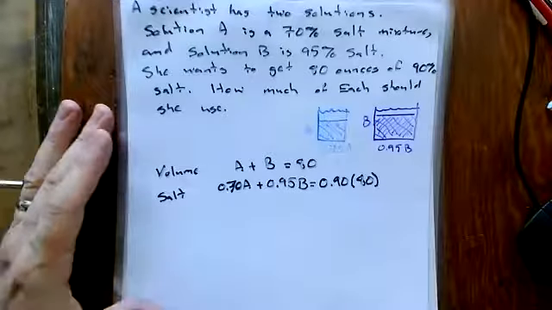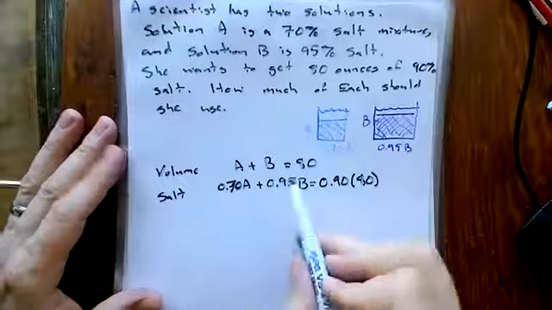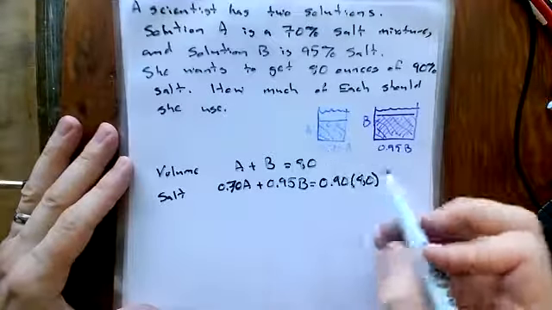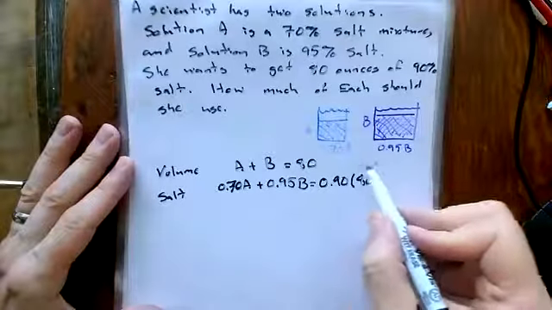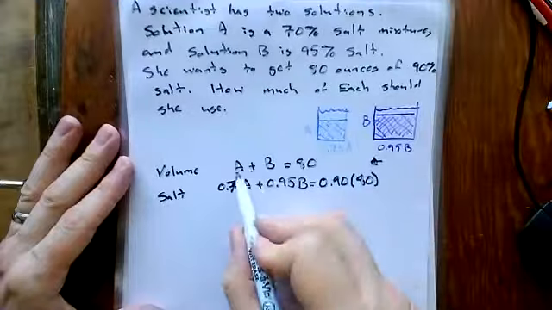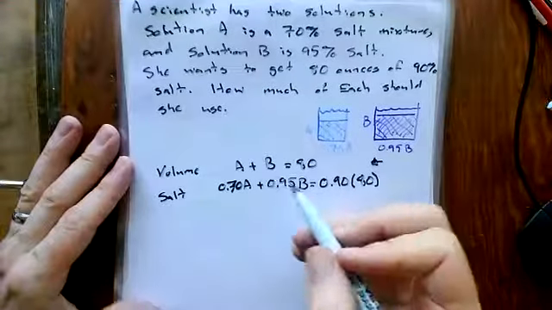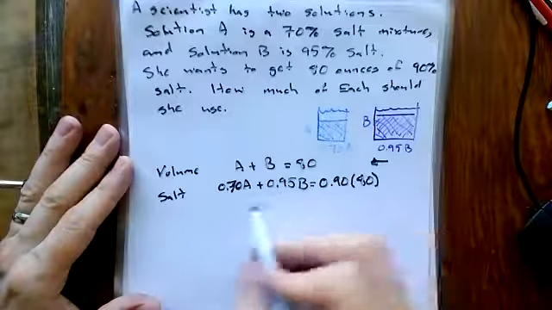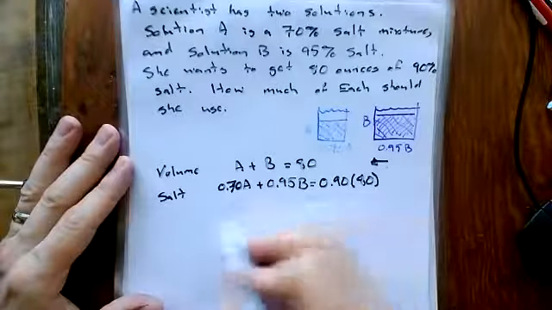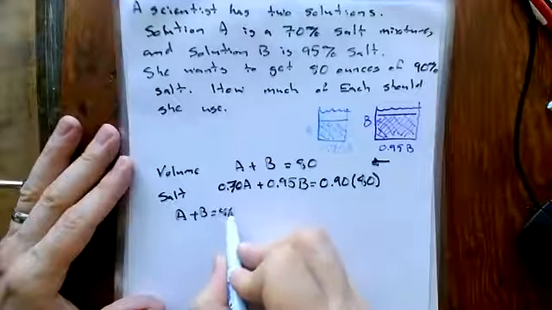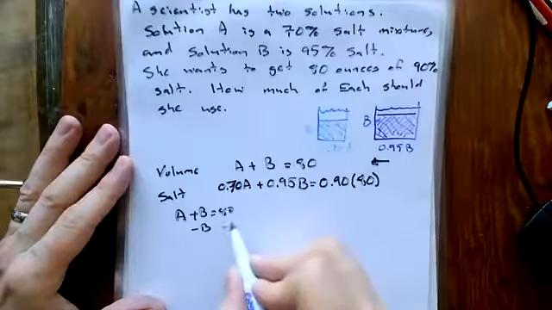The nice thing with this kind of setup is this is actually a really good setup for substitution. If I were to solve this top equation, my volume equation, for either A or B, I'm going to solve this for A. If I say A plus B equals 80, I'm going to subtract B from both sides.